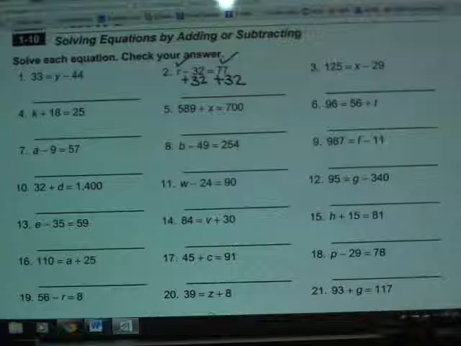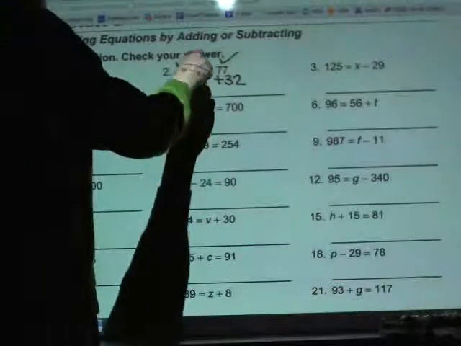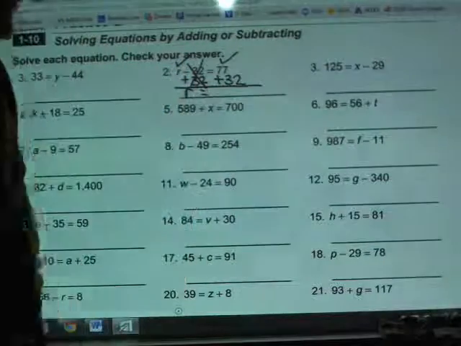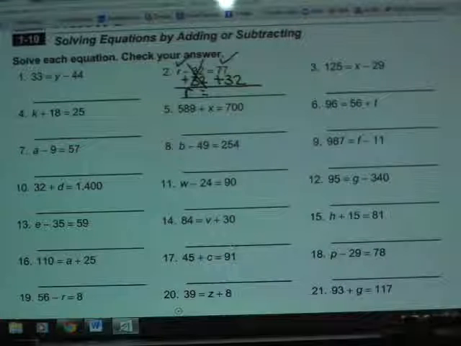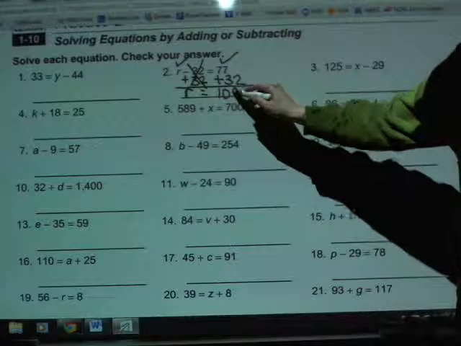All right, that minus 32 plus 32, those cancel each other out and just leave me my variable r, which is exactly what I want because that's what I'm supposed to find. And then I'm going to add up my 77 and my 32, and that's going to be my answer. When I add those two up, that's 109. So r must be 109.